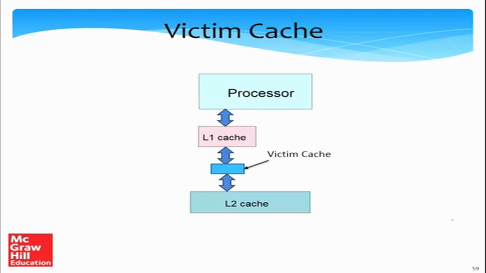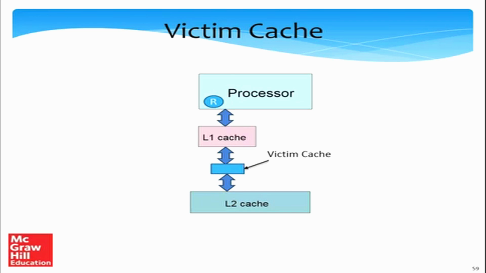Now let's assume that we don't find the data in the L1. Why will we not find the data in L1? Because it's not there. But let's assume that previously some line was thrown out from L1. Instead of writing it to the L2, we wrote it to this small fully associative cache called the victim cache, which is small and fast.